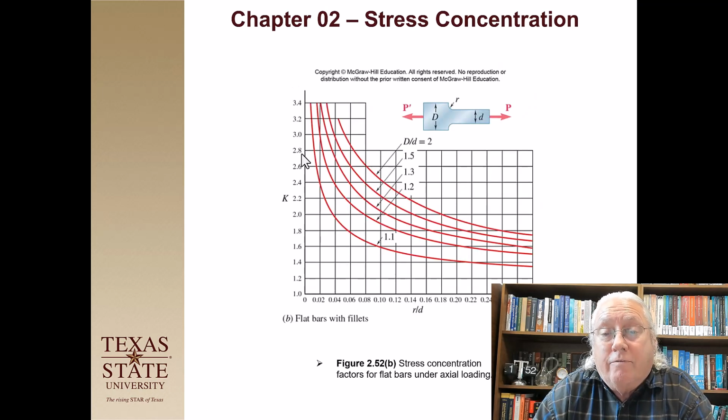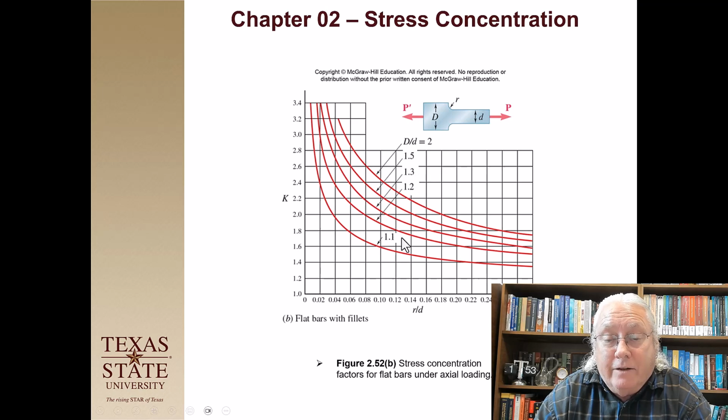Here's another curve for a flat plate with a transition here with a radius of r, loads on each side. And so we've got 2 parameters here. I've got little r over little d. So this is going to be that radius divided by the smaller distance here. I find out where I'm at there, and then I go up until I hit one of these curves, and these other curves are big D over little d curves.